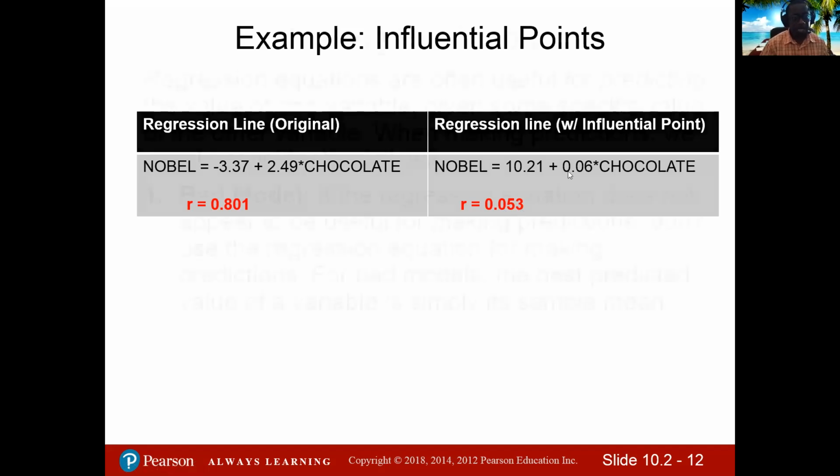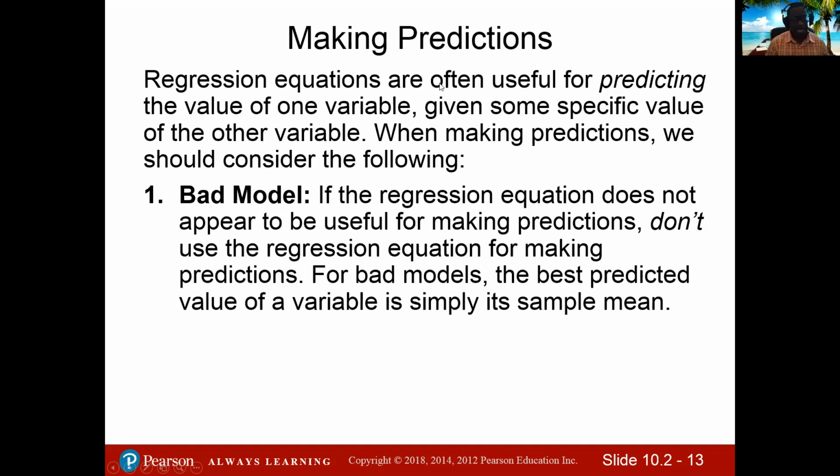Now that indicates that there could be a bad model. Whenever you have a regression line, it doesn't mean it's good. We can test that. If it's a bad model, of course, there's no correlation. That's another way to say that.